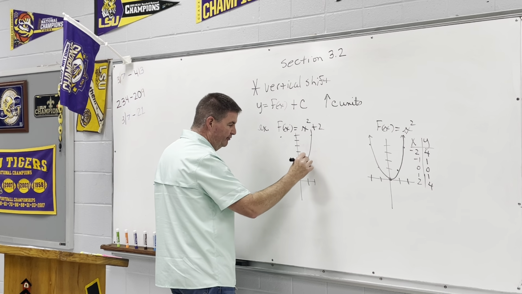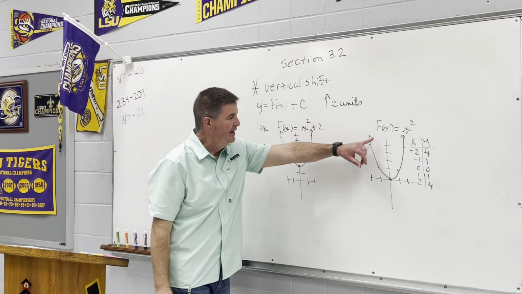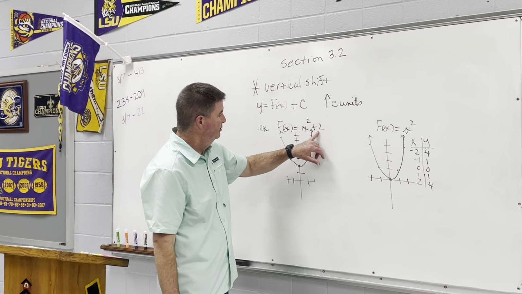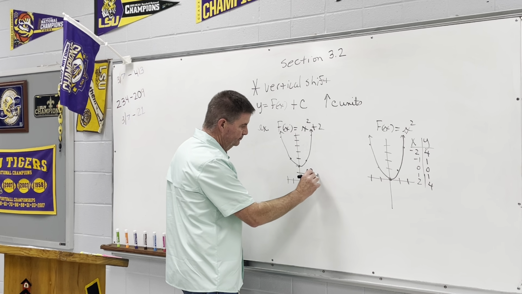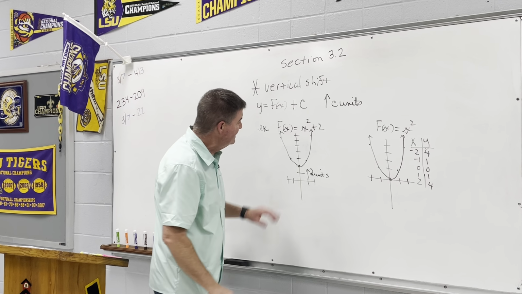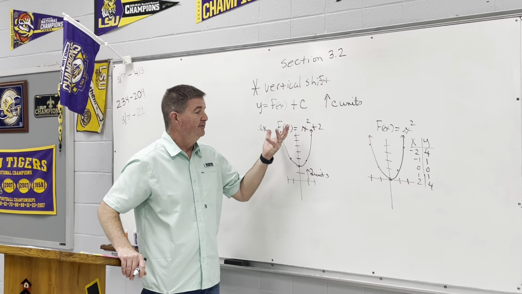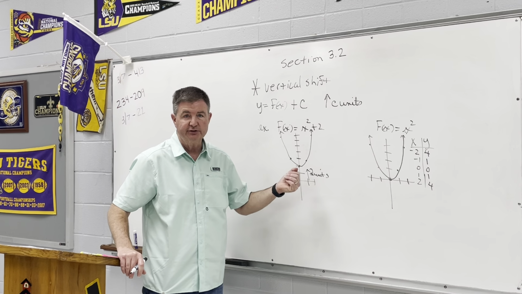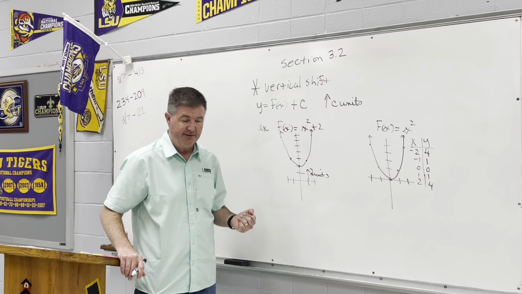So the actual function in this case would be that function moved up 2 units. This is a vertical shift. No matter which one of the 7 functions we would be using, it would look like the function itself, or the mother function, and it would be moved one way or the other. This is a vertical shift up.